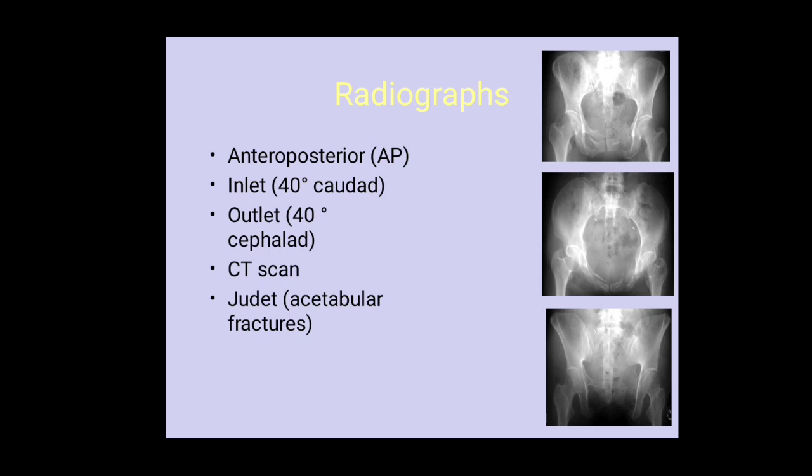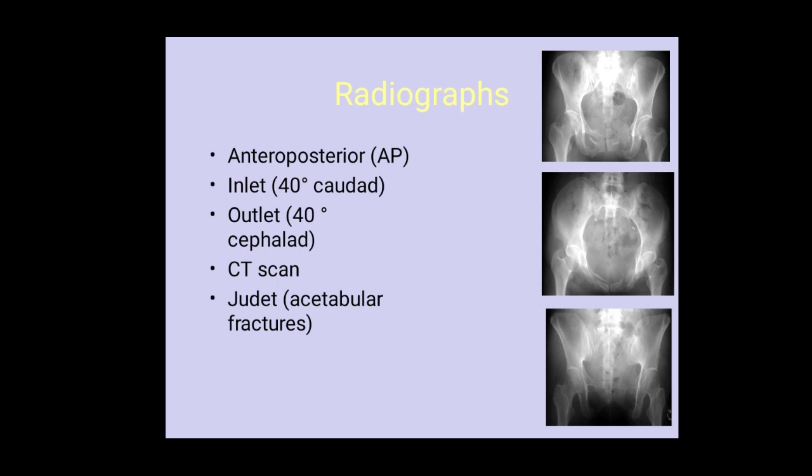But of course, the best information we get from the CT scan, and now it is available in every hospital. So the question is, when to go with your patient to the CT scan?